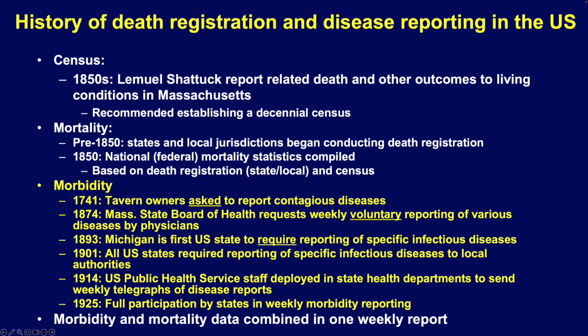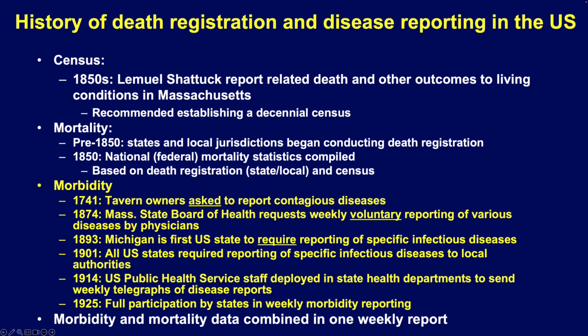By 1874, the Massachusetts State Board of Health began requesting that physicians voluntarily report various infectious diseases that they diagnosed, for certain diseases that were deemed to be of public health significance, to the state. In 1893, Michigan became the first state to require reporting of these kinds of diseases.